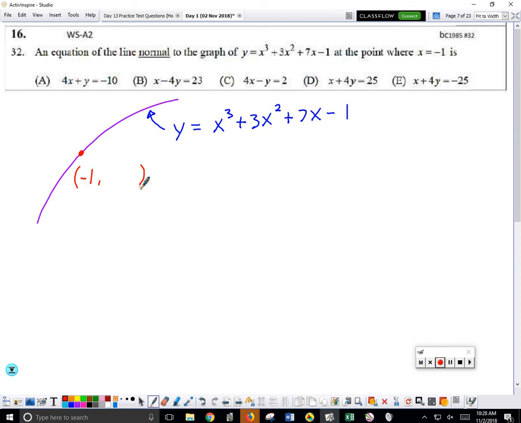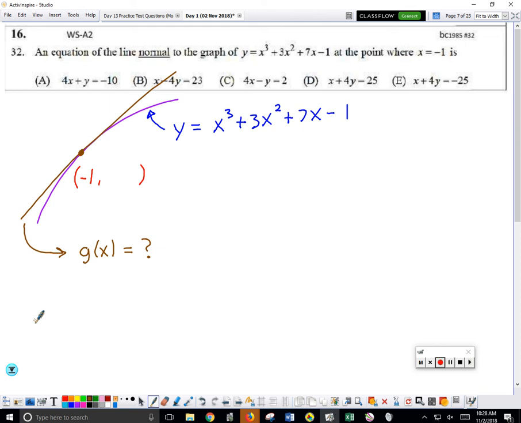I've drawn this picture before where I have all of this and then I draw a tangent line like so. The tangent line has an equation. I'm just going to call the tangent line equation g of x. We don't know that equation, but there is an equation for that tangent line.